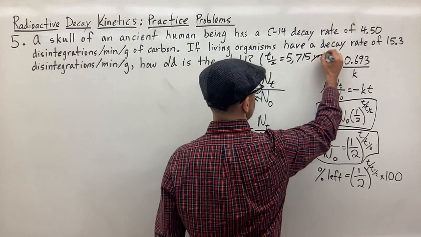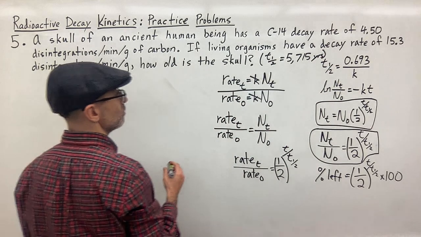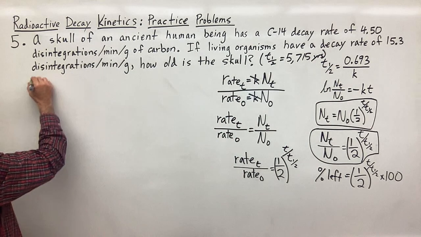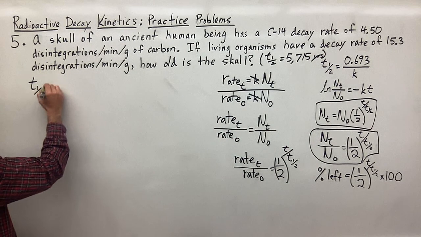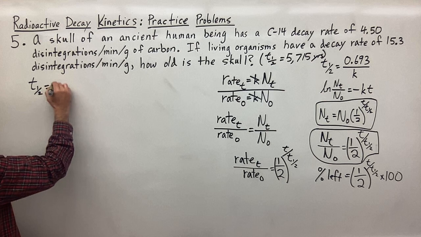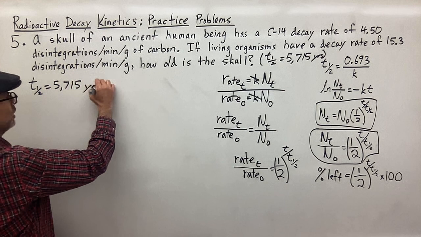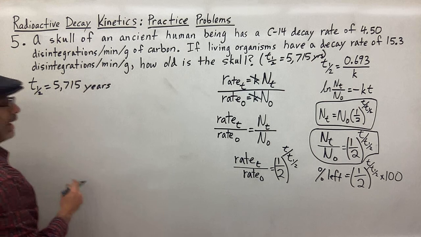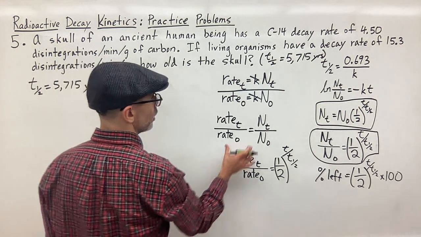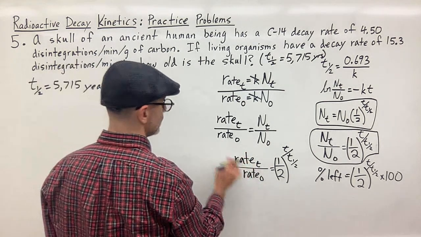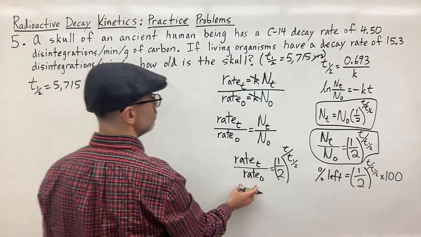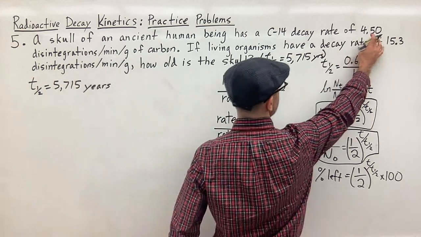So T 1/2 is equal to 5,715 years. We can write that here. And we're given the rate at time t, so that's the decay rate here.